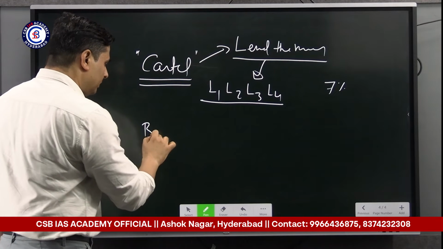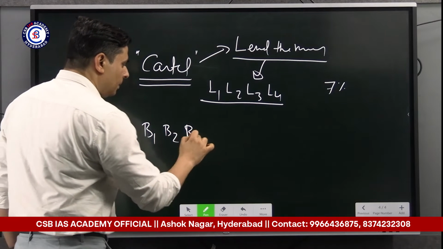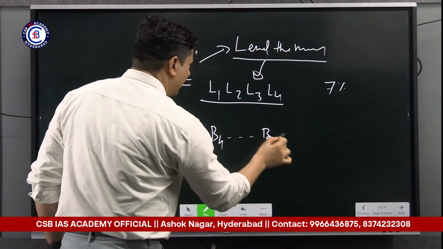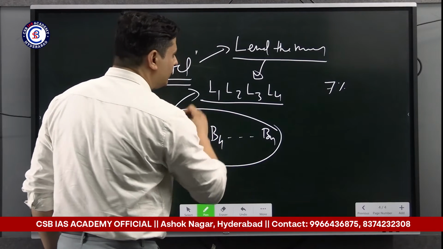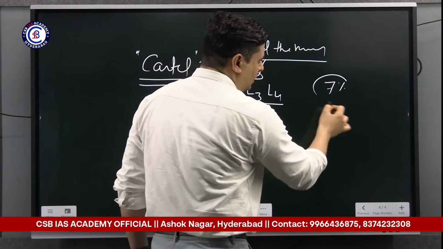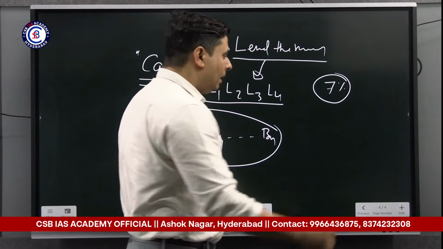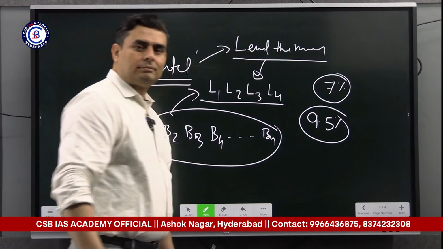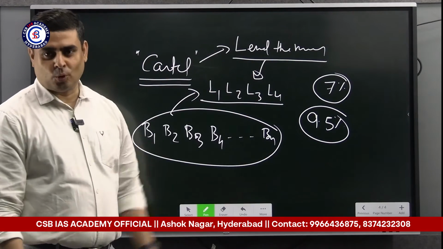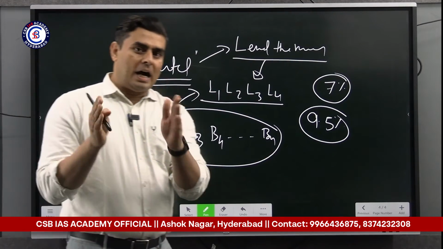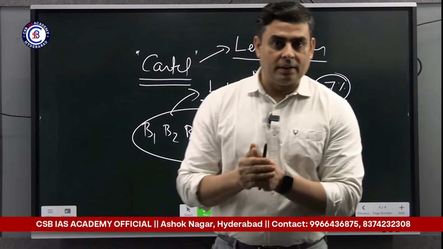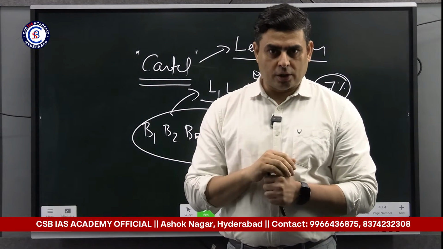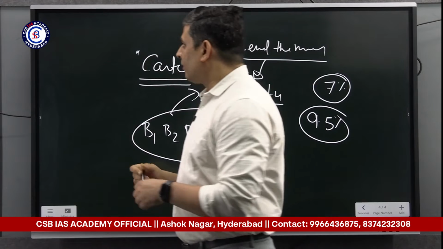And there are borrower banks, B1, B2, B3, B4, BN. So whenever borrowers reach these banks, they may charge 7%. But deliberately they are charging 9.5. To anyone you go, they will charge 9.5.